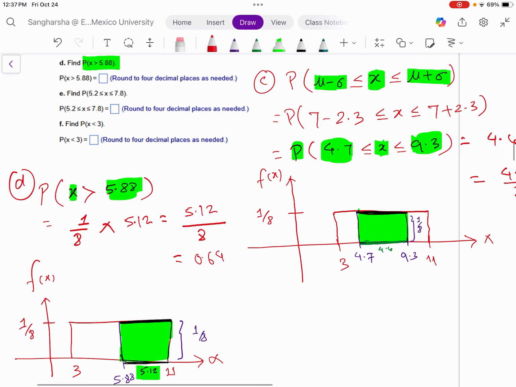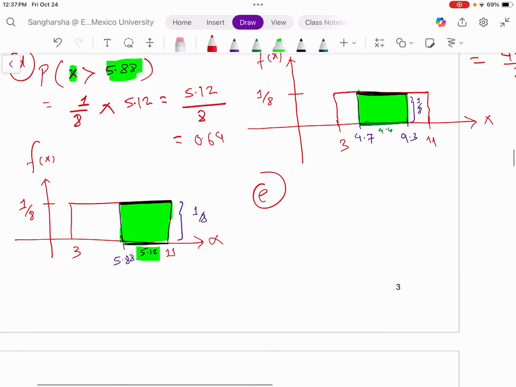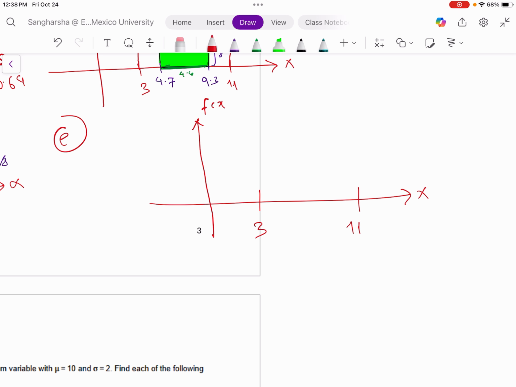In part E, we are asked to find the probability that our x is in between 5.2 and 7.8. So for part E, we draw the same uniform distribution. This is x, this is f of x, this is 3, this is 11. This height is 1 over 8.